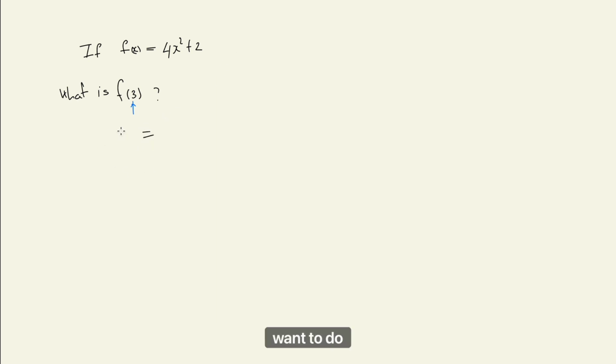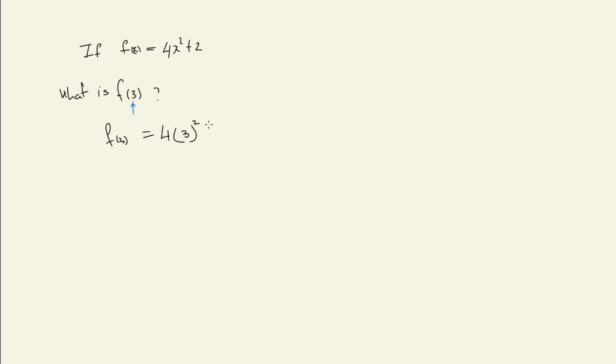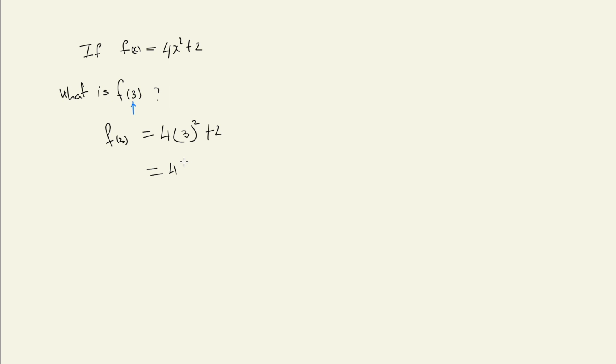Now the first thing that you want to do is to input 3 everywhere that you see x in the quadratic function. Now at this point you have to be careful. You're not going to say 4 times 3 squared. You're going to say 4 multiplied by 3 squared, which is 9, plus 2.